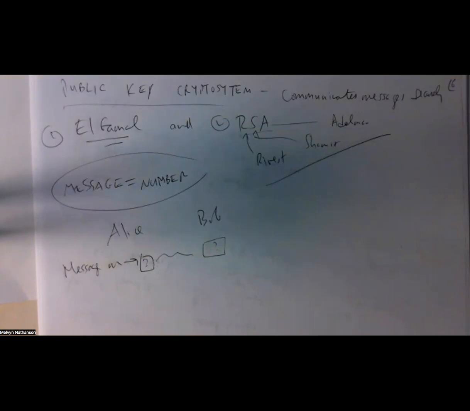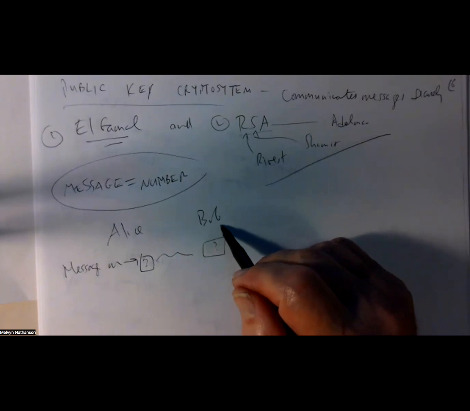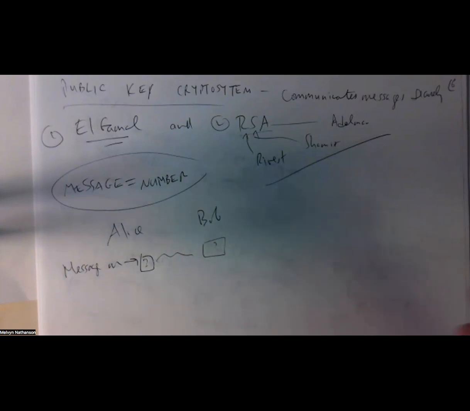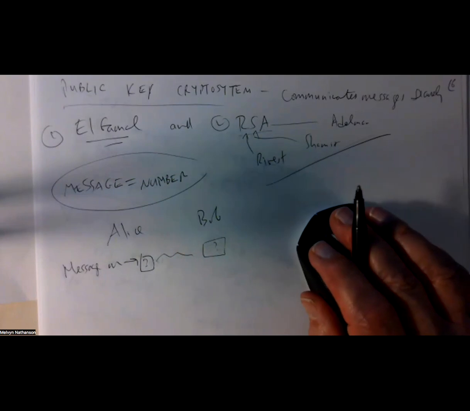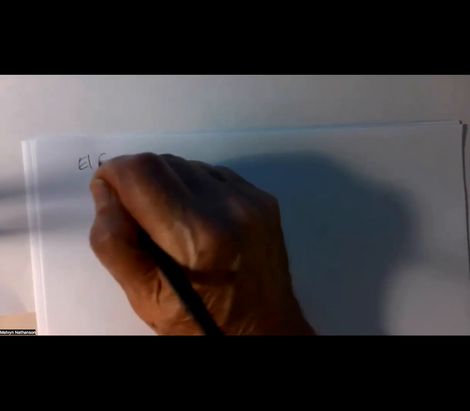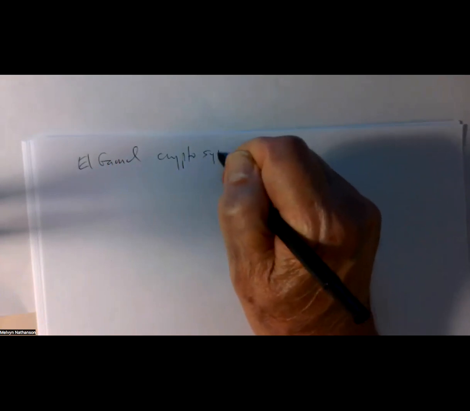And how can Alice do this in such a way that Bob can decrypt the message, but Eve can't? Okay, so let me start with a clean piece of paper. So this is the El Gamal crypto system.